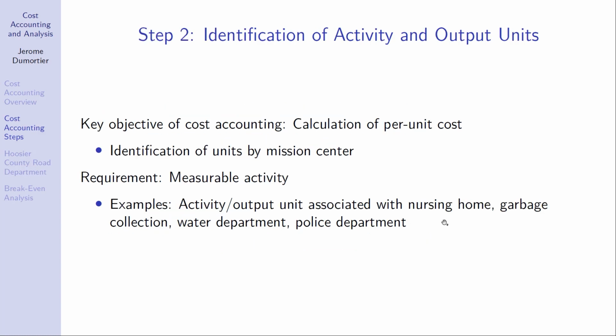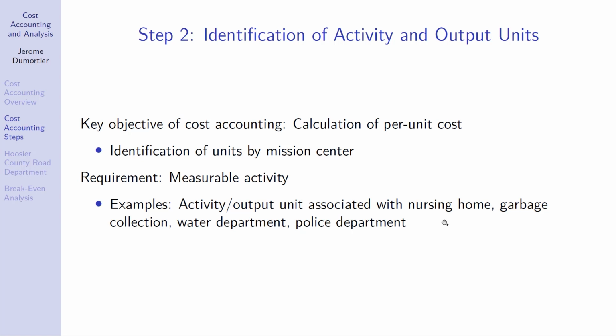In the second step, you have to identify the activity and the output units. Remember that one of the key objectives of cost accounting is to calculate the per unit cost. So you have to identify those units by mission center. It is important that those output units and the activity are measurable.